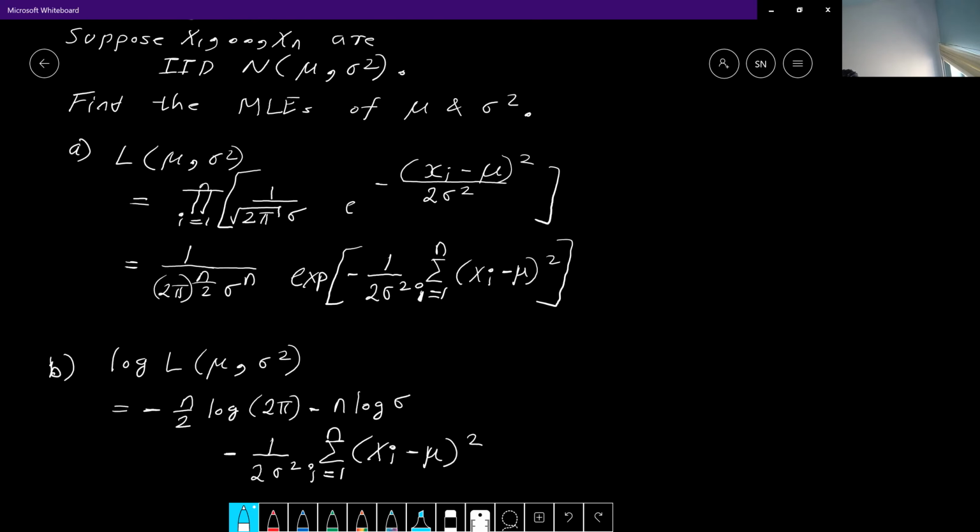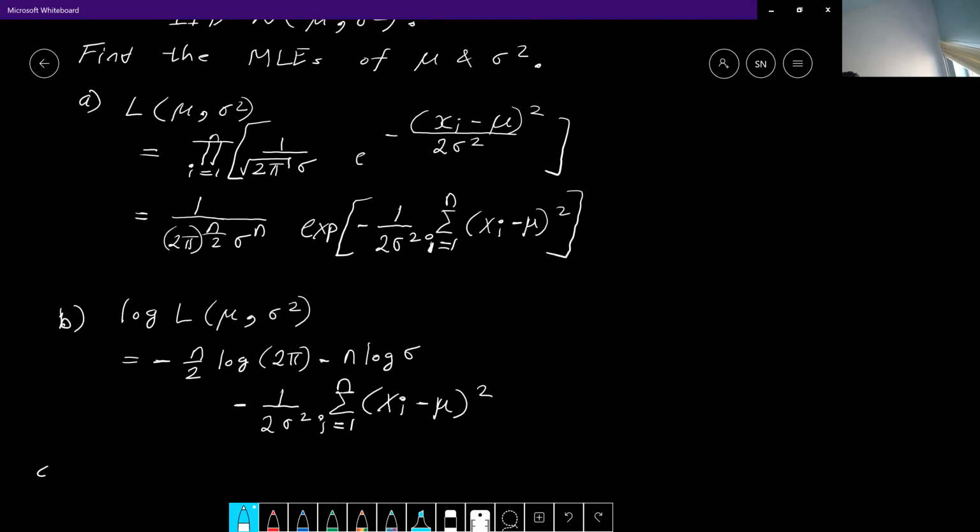Okay, guys. So that's step number 2, part B, and step number 3, part C, is to find the partial derivatives of the log likelihood with respect to the two parameters.